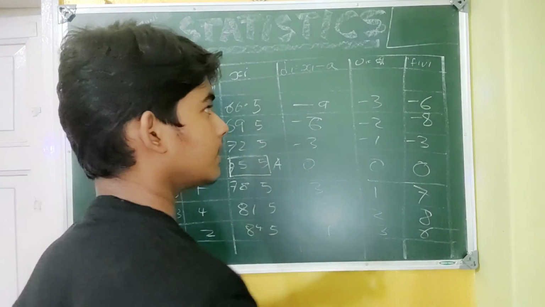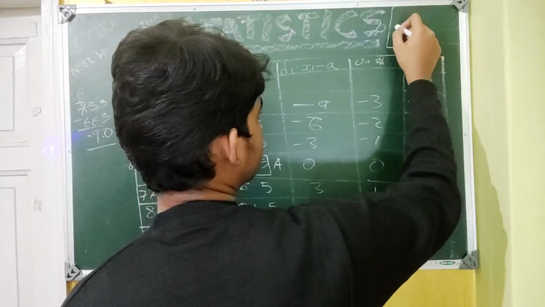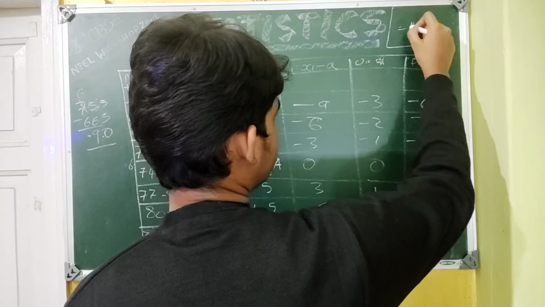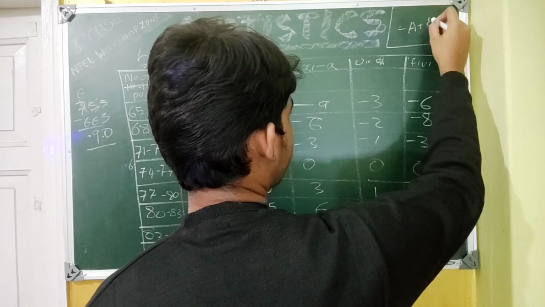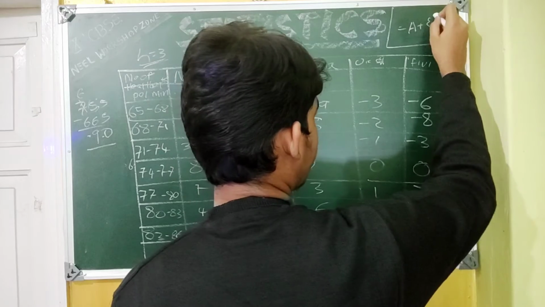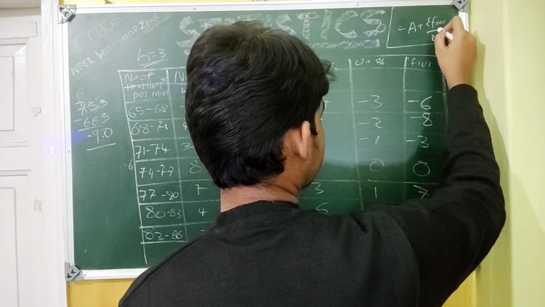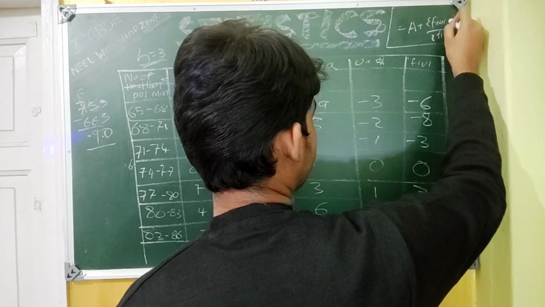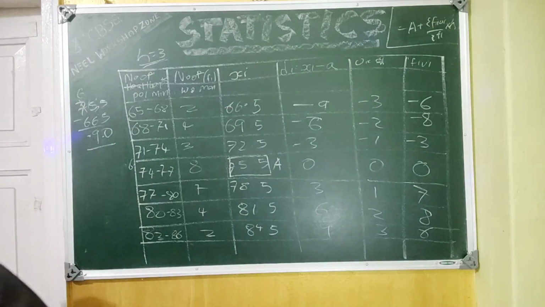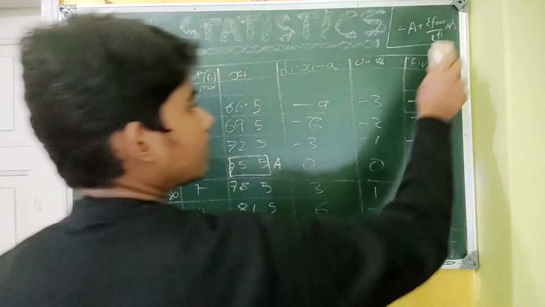So the formula is A plus sigma fiui by sigma fi into h.